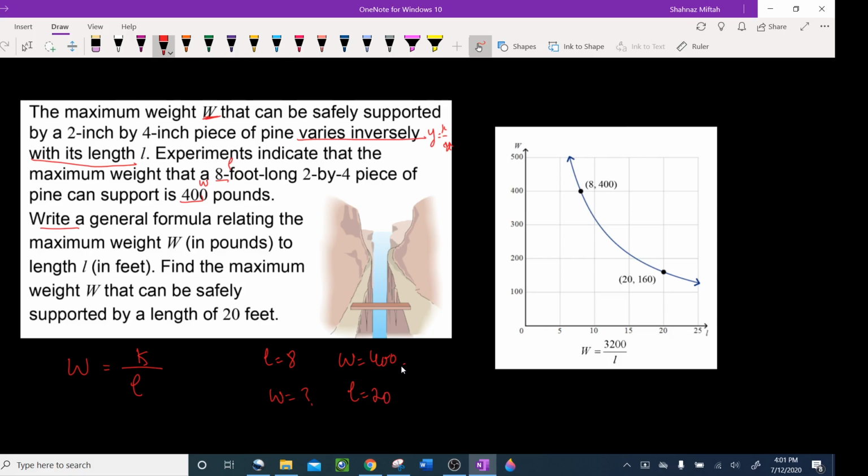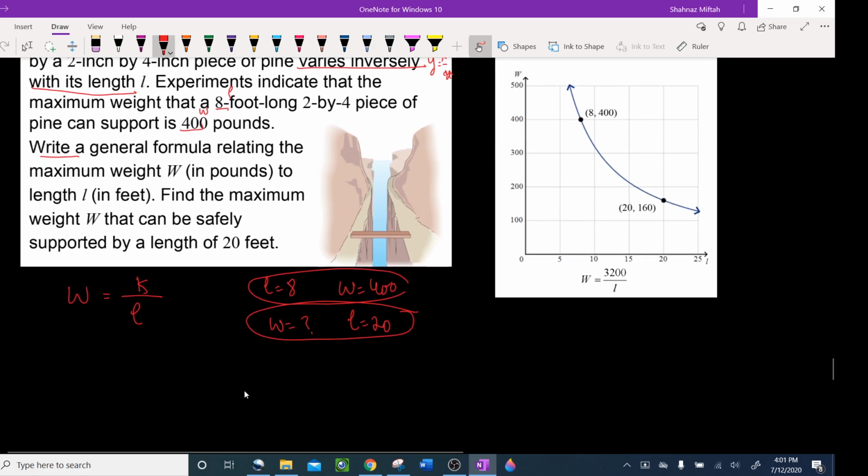Now look at this. This is one piece of information, that's another one. So I'm going to start with what they're asking me, like I usually do. I have W I'm looking for right there, and K over 20, L is 20. Now if you pay attention, I don't have a K. So in order for me to get the K, I am going to use the other information, K over L. So W is my 400.